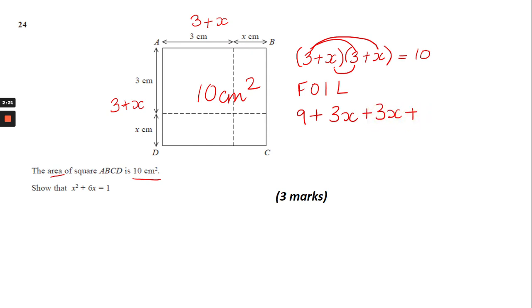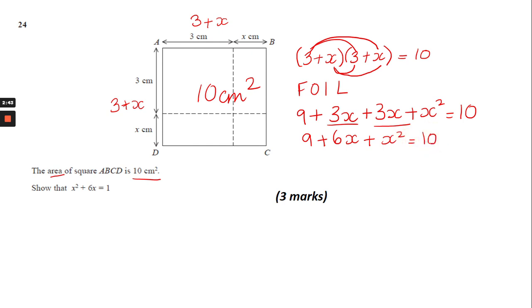And then last, x times x gives me x squared. And that, of course, is equal to 10. Now, if we simplify the left-hand side, we're going to get 9 plus 6x, because we have 3x and a 3x here, plus x squared is equal to 10.